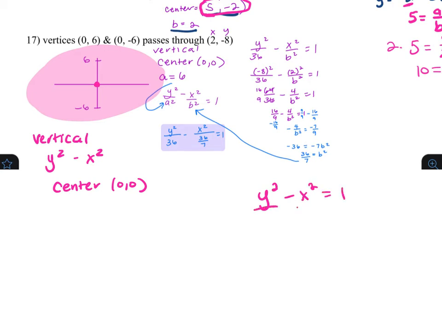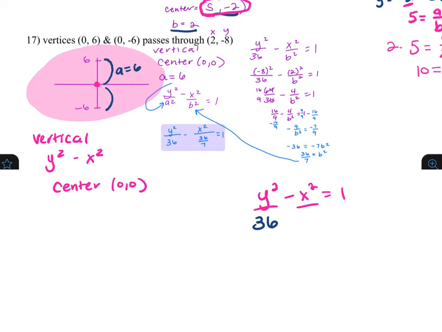Now all I got to do is find the denominators. So because it gives me my vertices, I can count from that center to the actual coordinate point in either direction, and I get my A is 6. Now I've got that part because A squared would be 36.